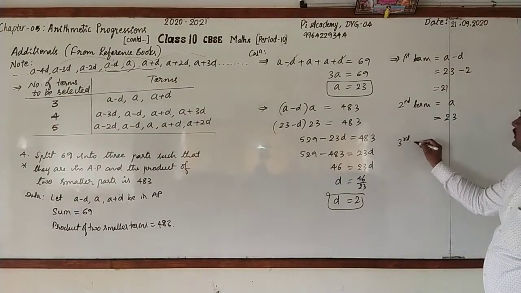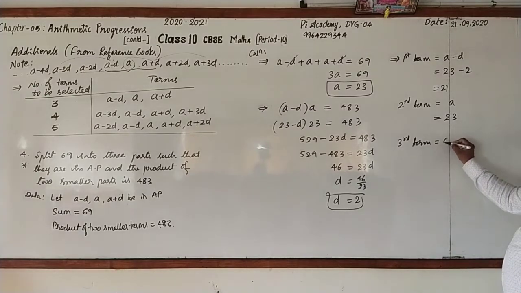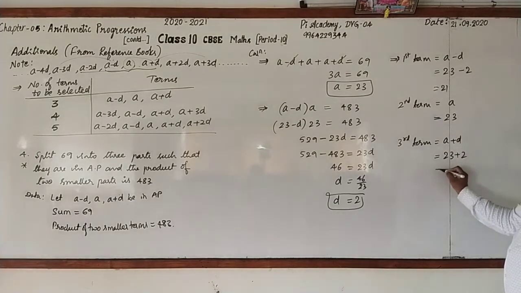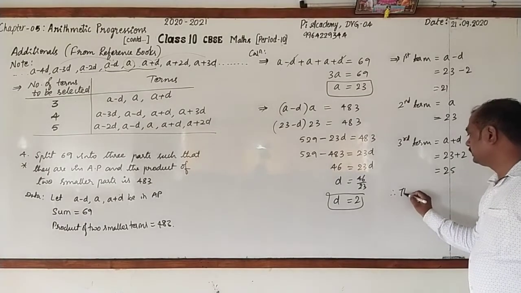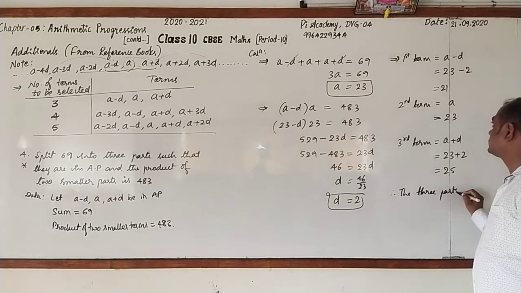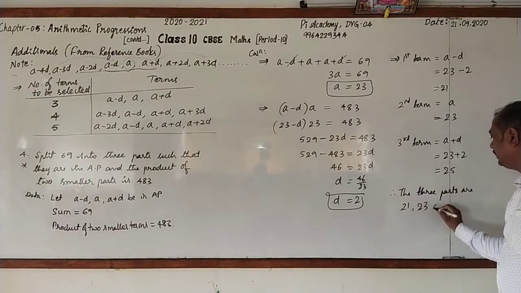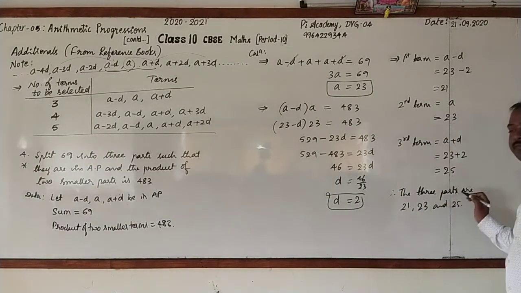And the third term is A plus D. A is 23 plus D is 2. It is equal to 25. Therefore, the 3 parts are 21, 23 and 25.